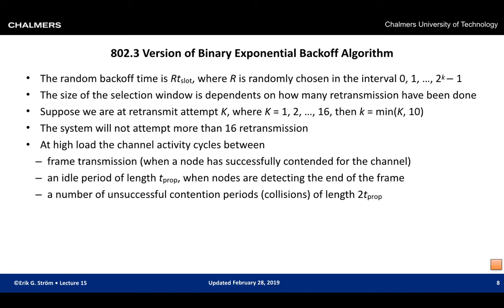Next attempt, it will be 7. And then we continue like this until we hit 10. And then it will be 2 to the power of 10 minus 1, which is 1023. Okay, and then it will be 1023 all the way to retransmission event 16. After 16, we just give up. So we see here that there is an exponential increase in the maximum value of R. Questions?